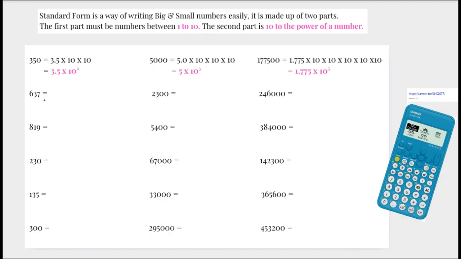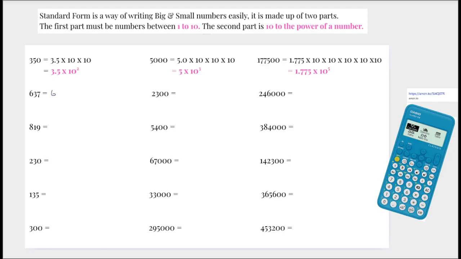So we've got 637. We've got to move our decimal place from here, 1, 2. So that means we've moved it twice. The decimal place can't be here, can it? Because remember, the first rule is between 1 and 10. So it's got to be between the 6 and the 3.